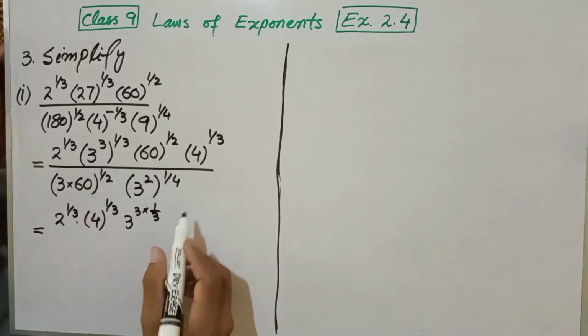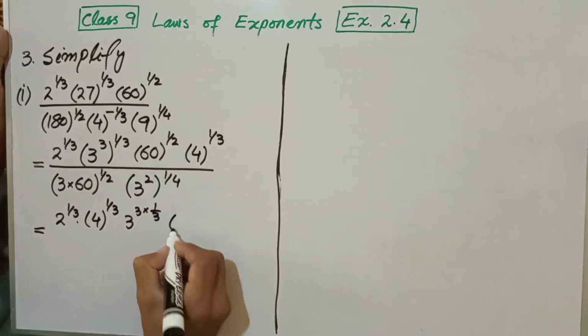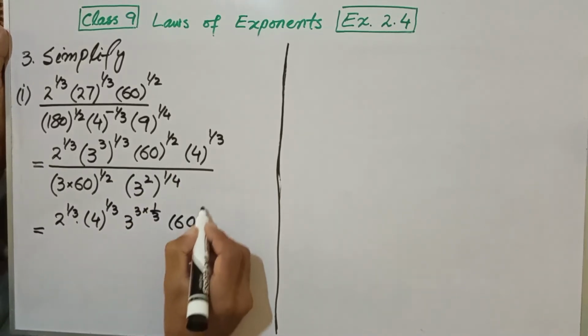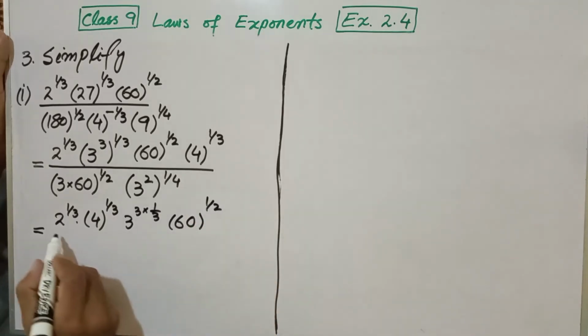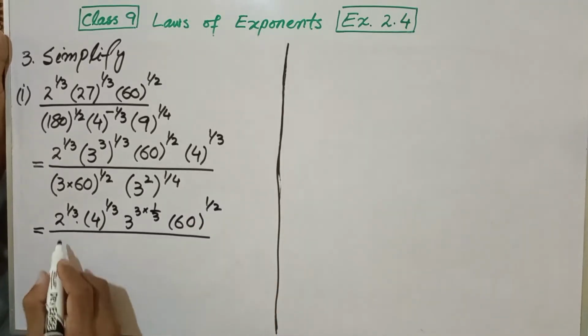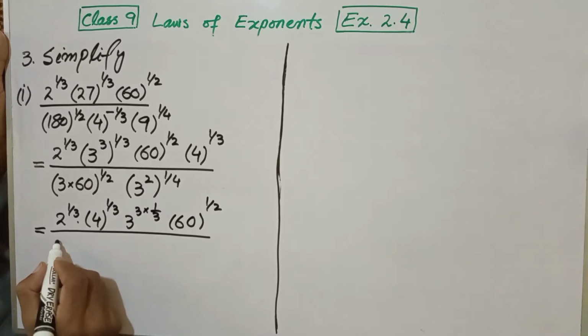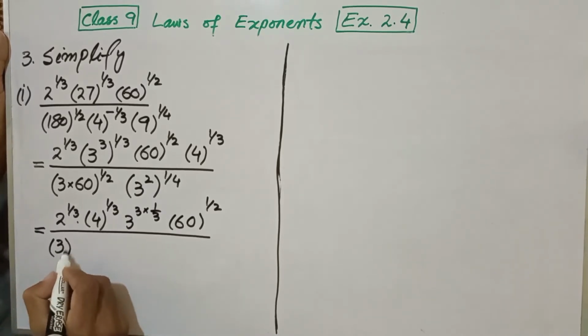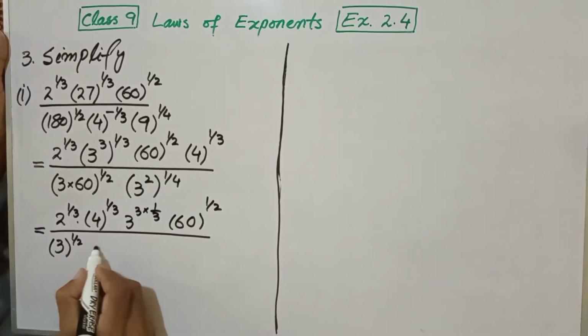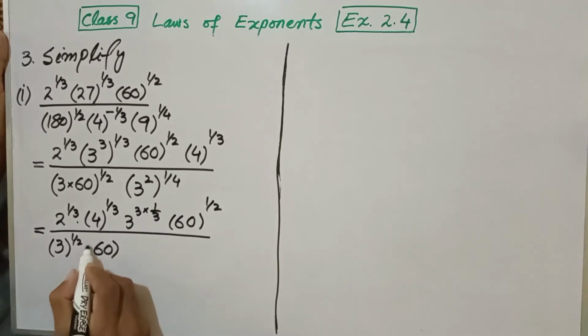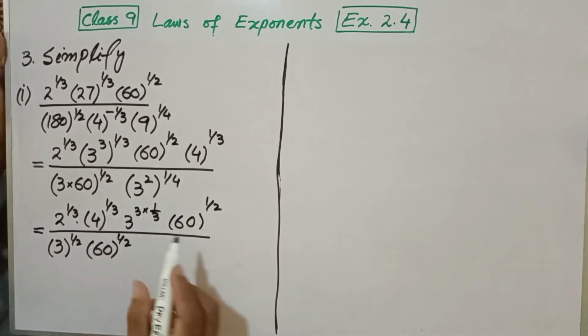The power is multiplied with the power. 60 power 1 over 2 divided by 3 power 1 over 2, 60 power 1 over 2.